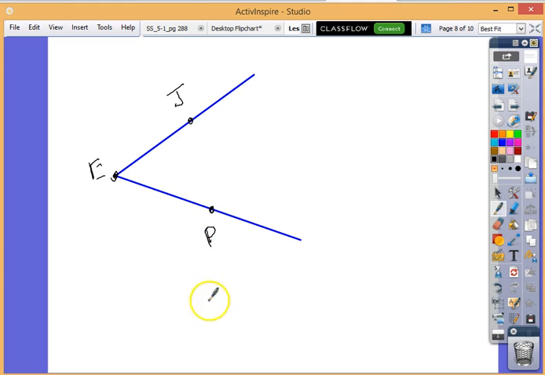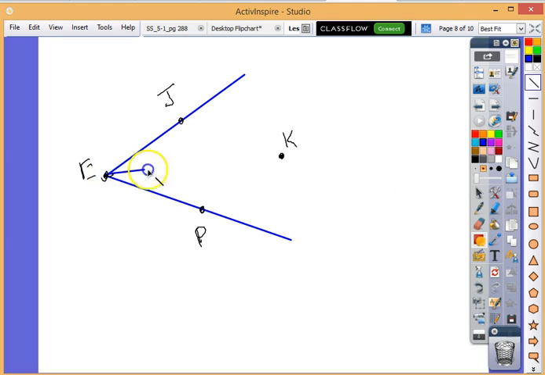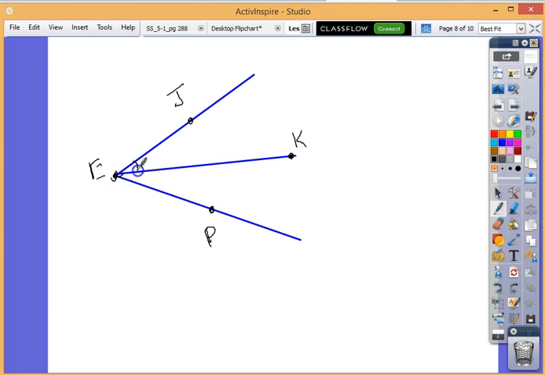If I have angle JEP, and then I have a point out here called K, and I know that line segment EK bisects angle JEP, then any point that I pick on EK, its distances to these two sides are going to be equal.